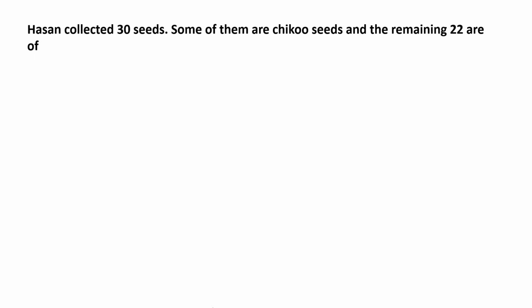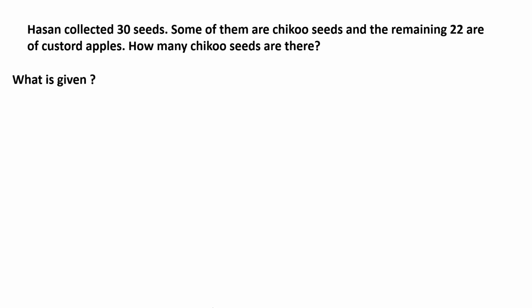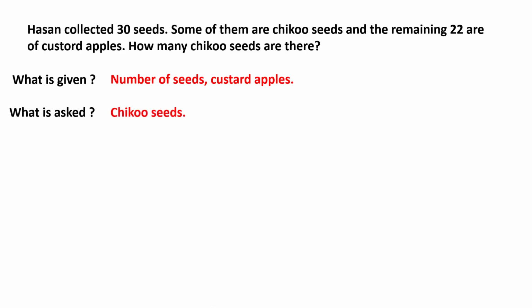Hassan collected 30 seeds. Some of them are chiku seeds and the remaining 22 are of custard apples. How many chiku seeds are there in this example? What is given? Number of seeds and custard apples. And what is asked? Chiku seeds.